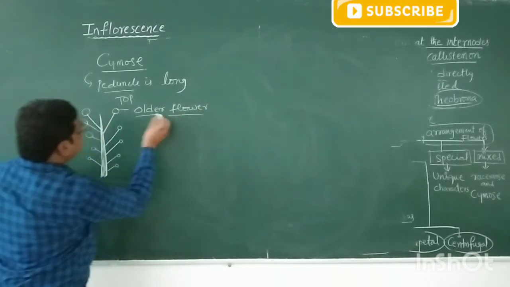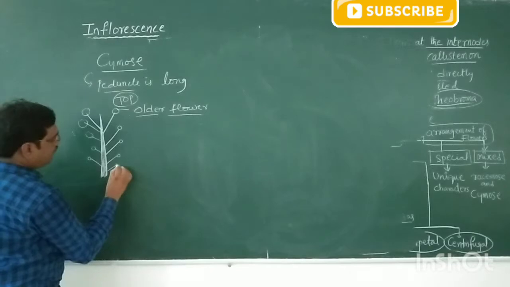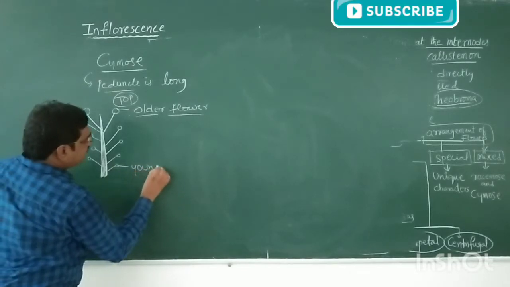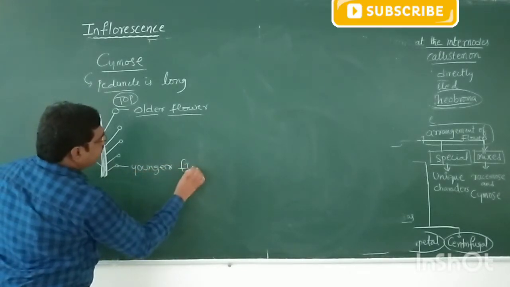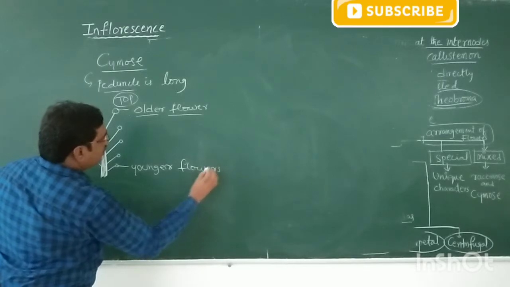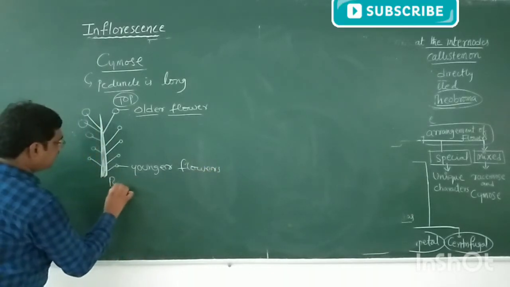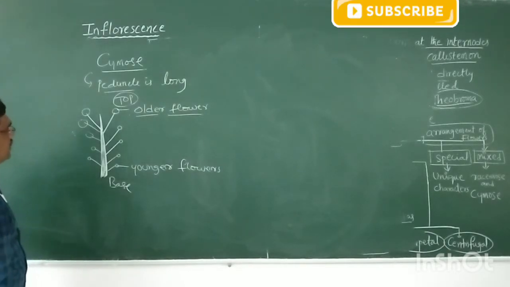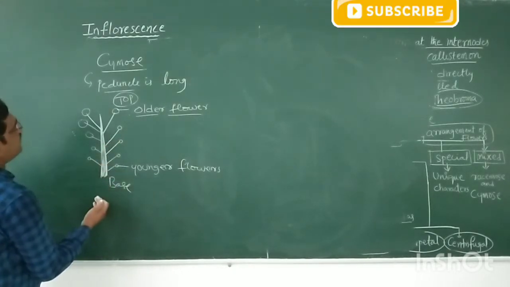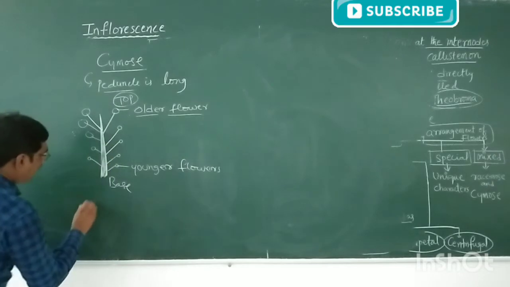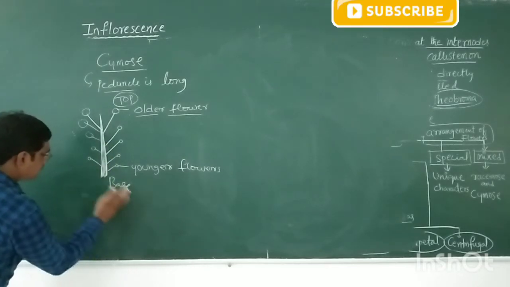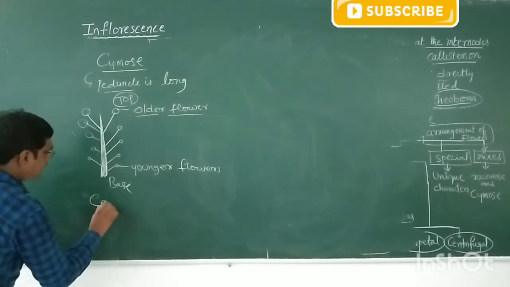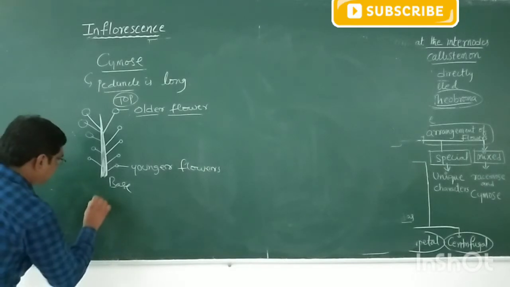Older flowers are present at the top of the peduncle, and younger flowers are present at the base of the peduncle. So, like this arrangement is called, no, sorry, this is basipetal manner.